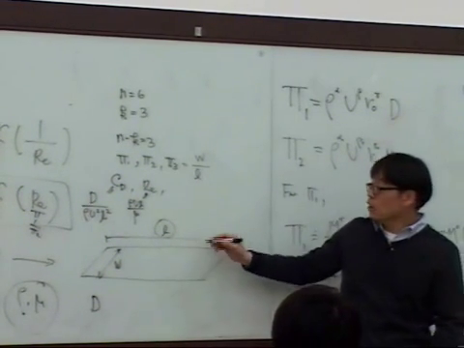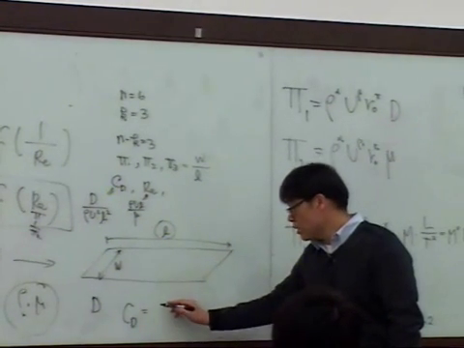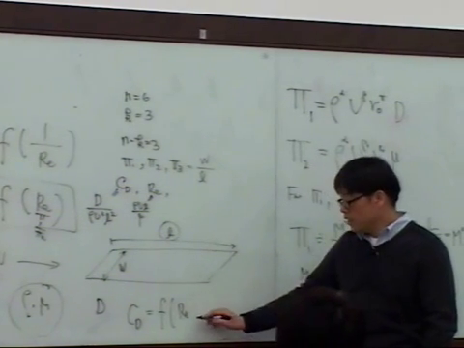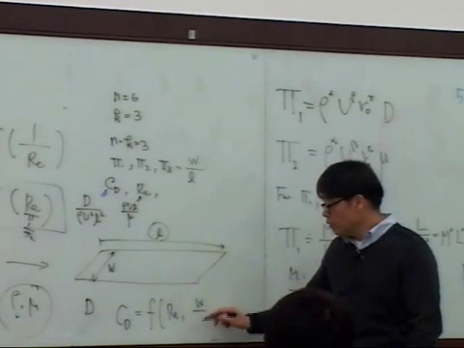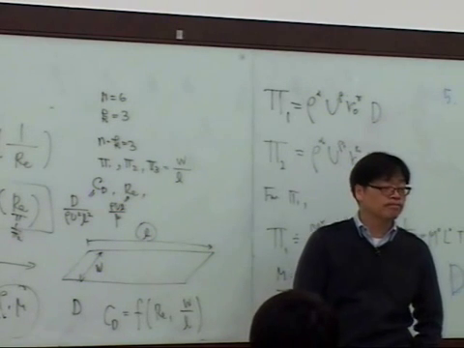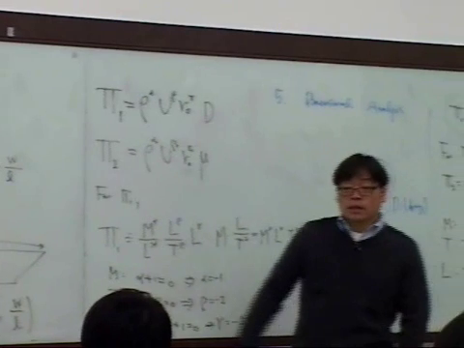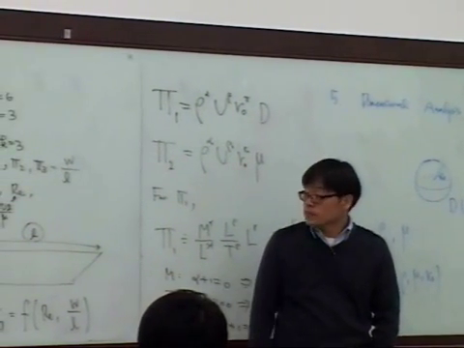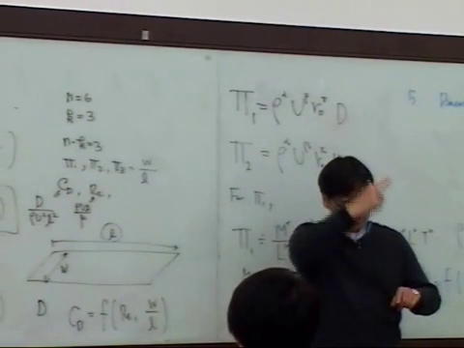Okay? So now I can write the drag coefficient as a function of Reynolds number, not only Reynolds number, but also the aspect ratio, which is W divided by L. Does it make sense? Of course, I have two parameters, so I cannot write it as a single line.